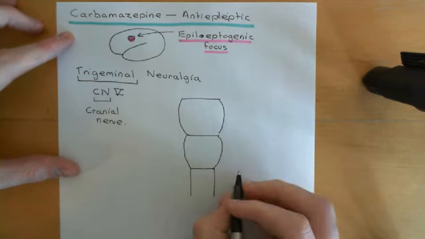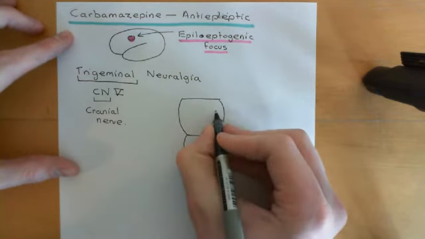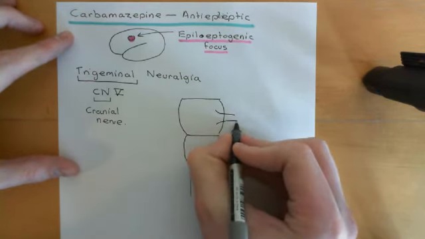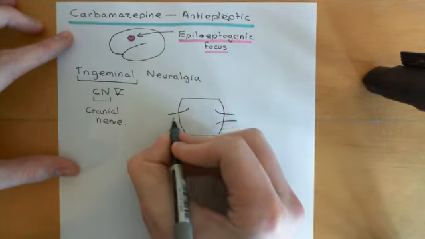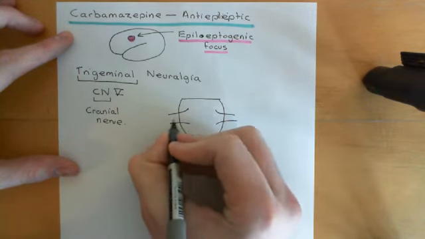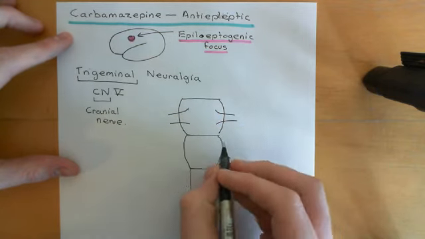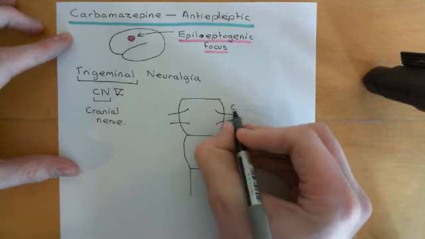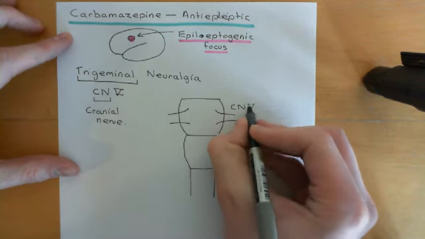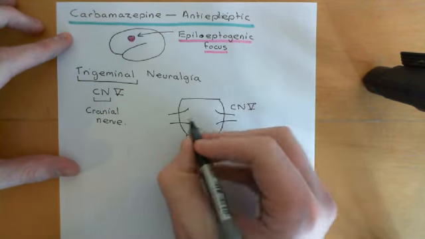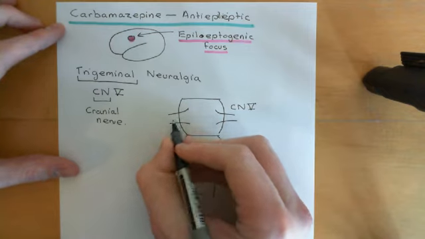Now the trigeminal nerves are very large cranial nerves that come off the pons like so, and they carry a huge number of sensory fibers into the brain. Of course you have two trigeminal nerves, a left one here and a right one here.